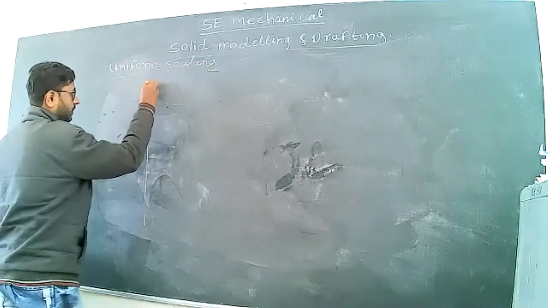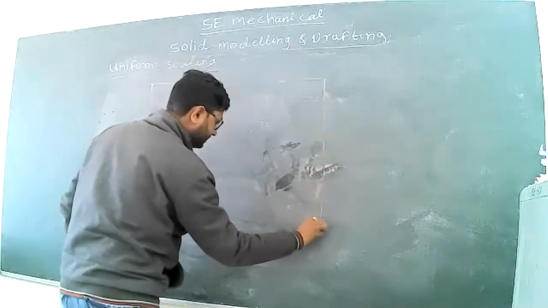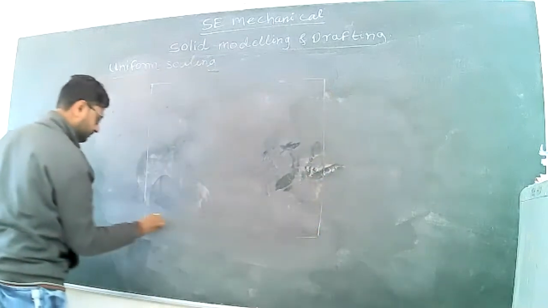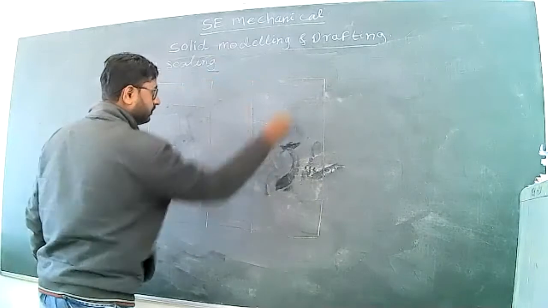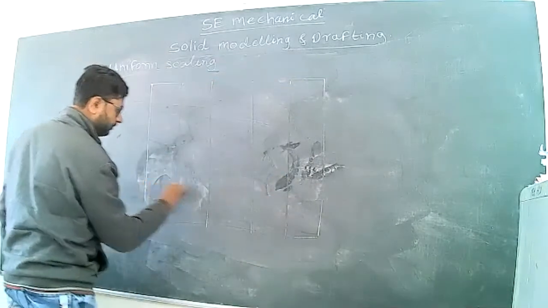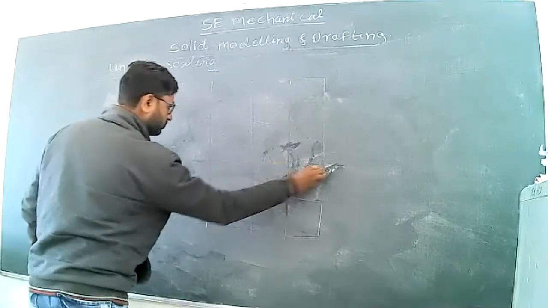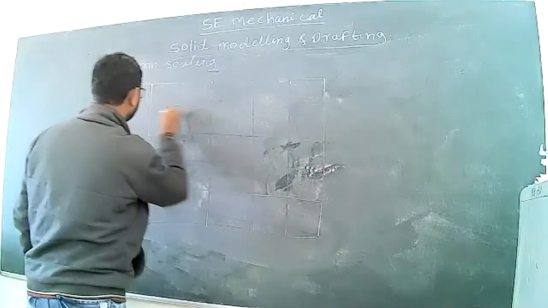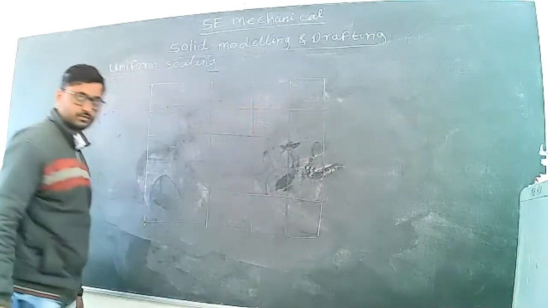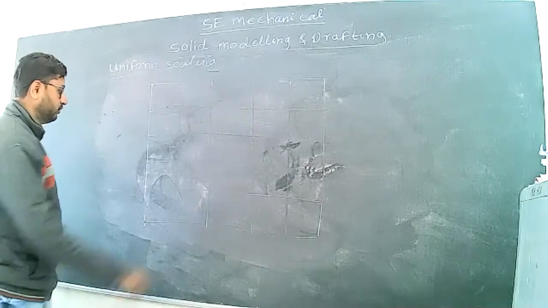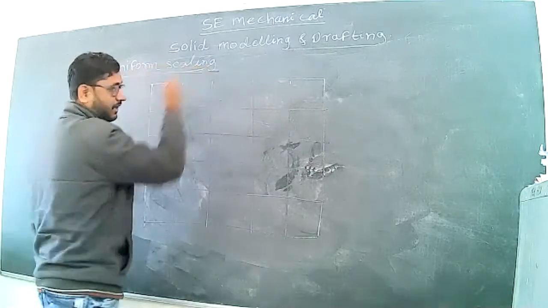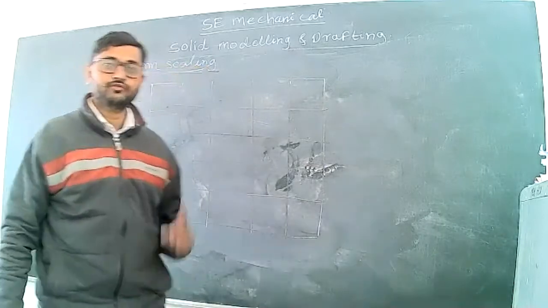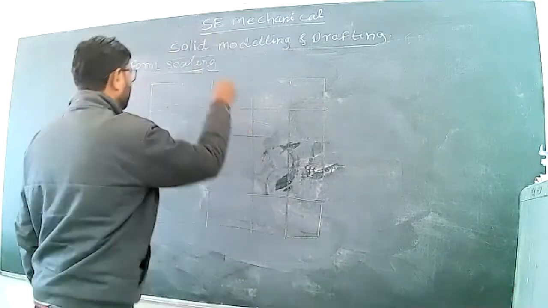Here, let's draw a simple coordinate system: 1, 2, 3, 4, and 5 on one axis, and 1, 2, 3, 4 and 5 on the other. We'll take a simple example of uniform scaling.